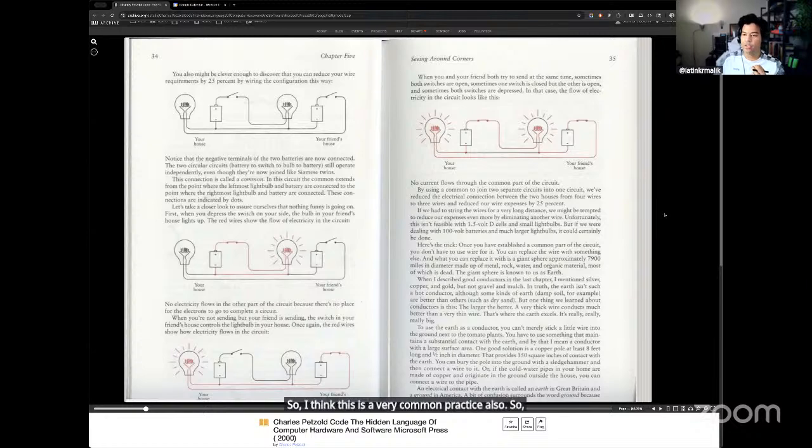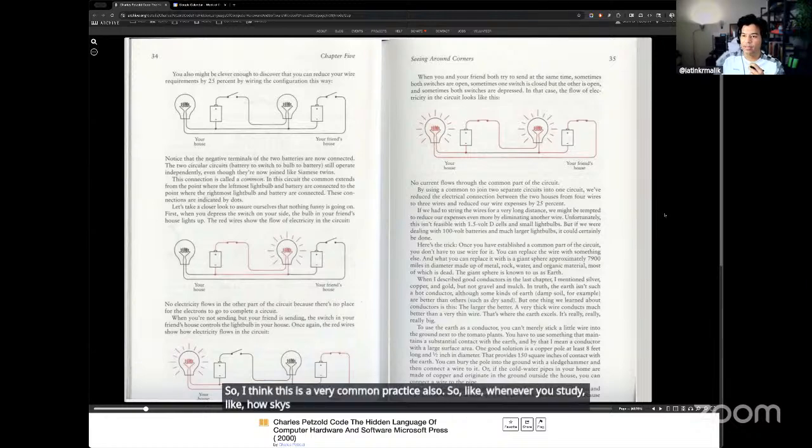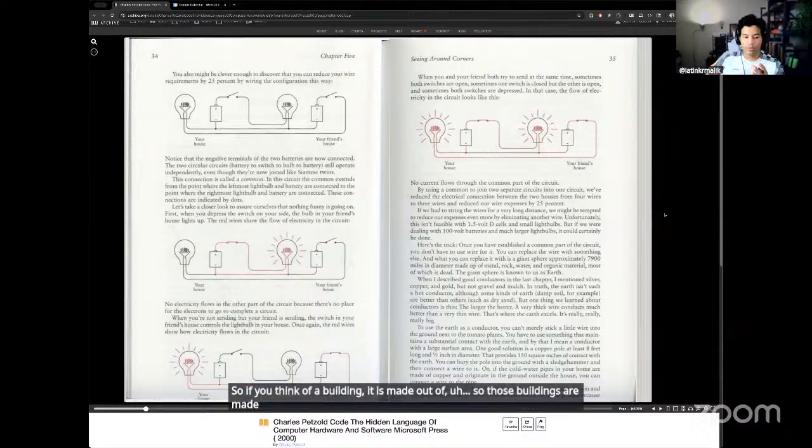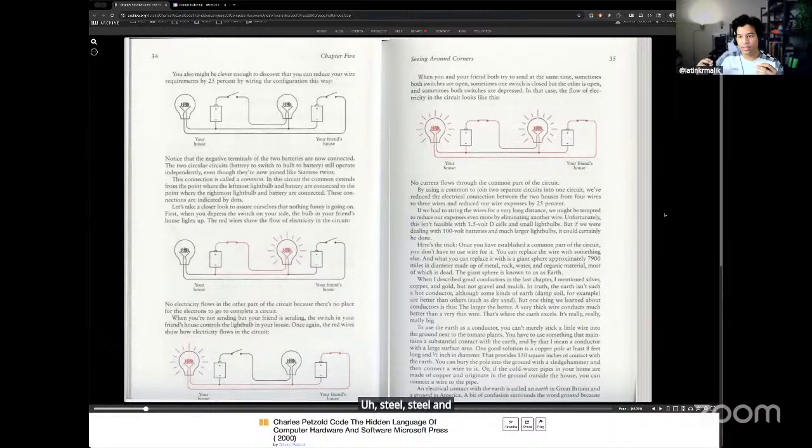So whenever you study how skyscrapers are made, even Burj Khalifa has a really nice documentary. One of the biggest challenges they had was what happens if lightning strikes around them. Those buildings are made out of huge steel and metal blocks, and they use a lot of metal and glass for the construction.